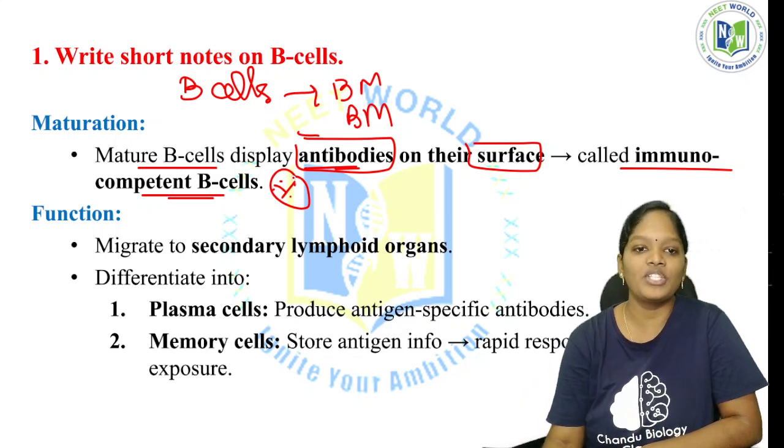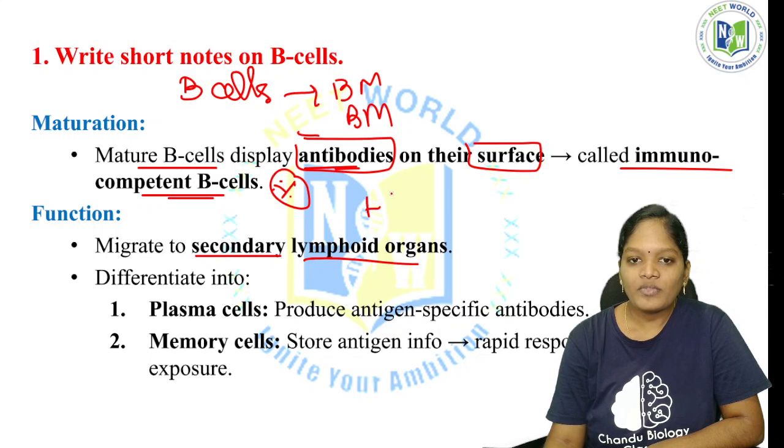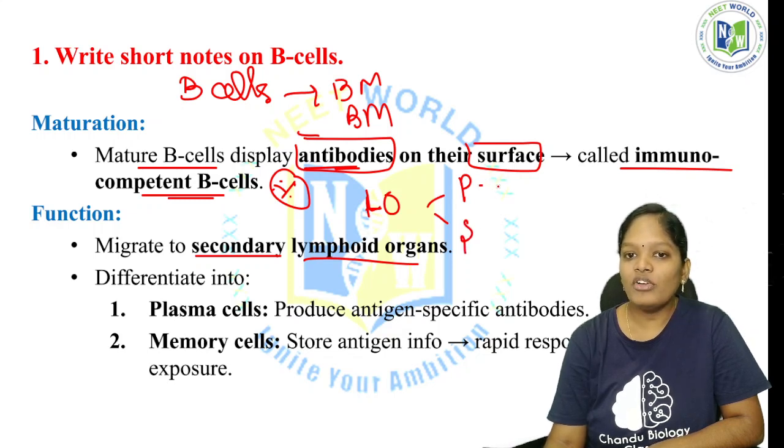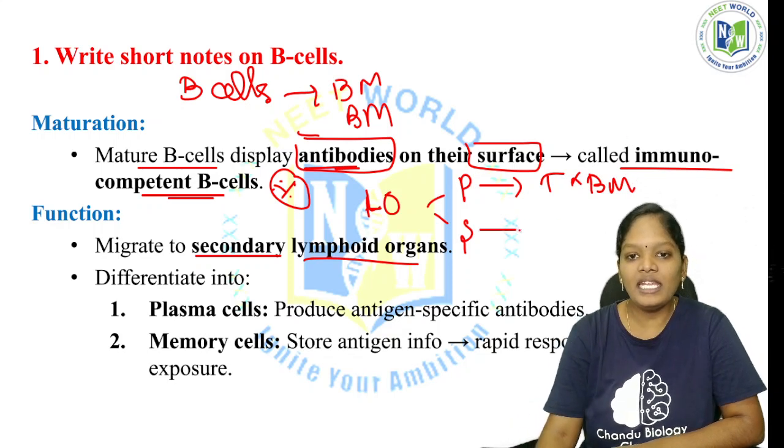Now what is its function? It migrates to the secondary lymphoid organs. We have primary lymphoid organs and secondary lymphoid organs. The primary lymphoid organs are the thymus and bone marrow. The secondary lymphoid organs include the spleen, lymph nodes, lymphatic vessels, and Peyer's patches in the small intestine.